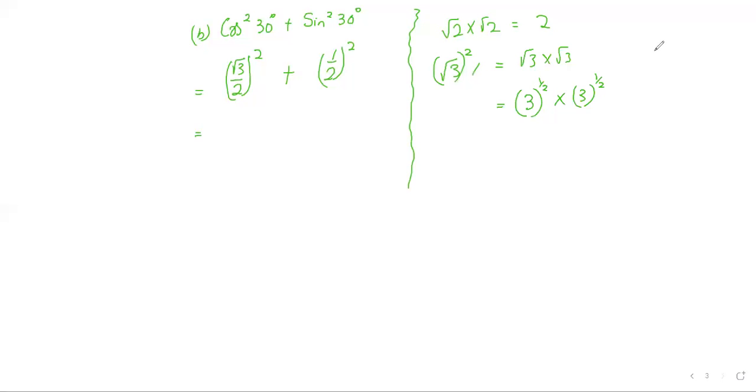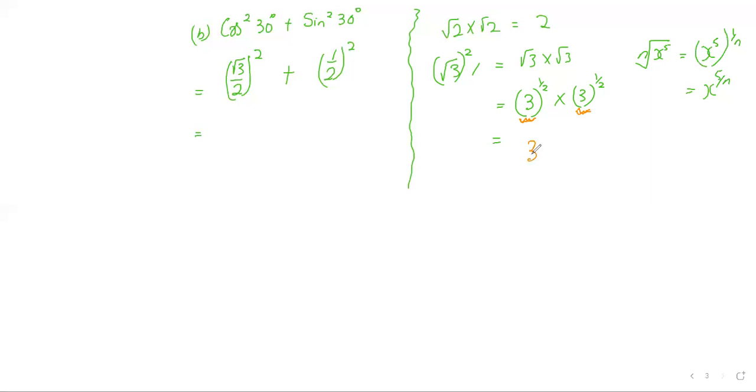If you have the nth root of x to the power 5, this is x to the power 5 over n, so the square root is a 2, there's a 2 there. Now the bases are the same, and the laws of exponents dictate that if you multiply powers that have the same base, you add the exponents.